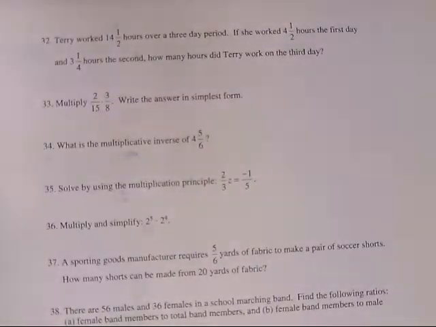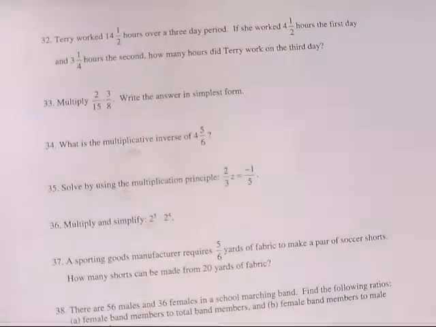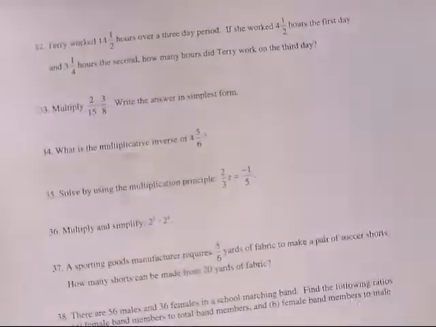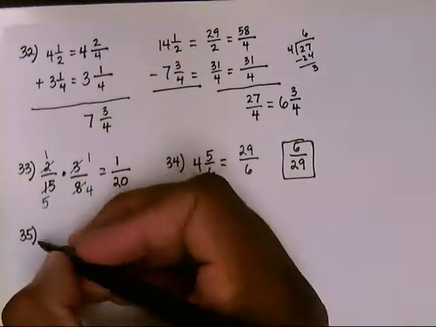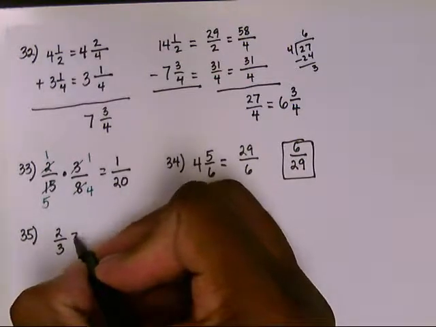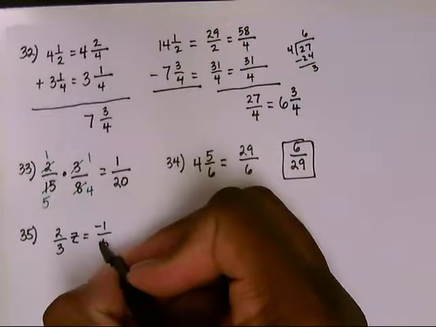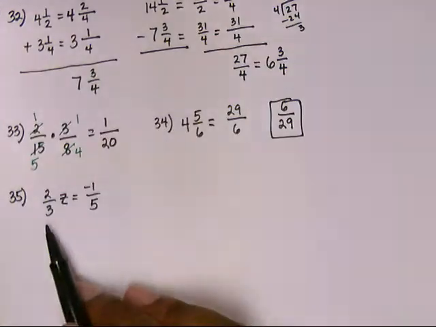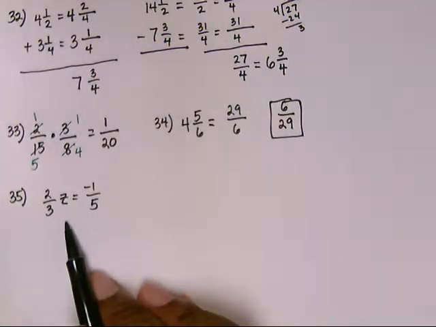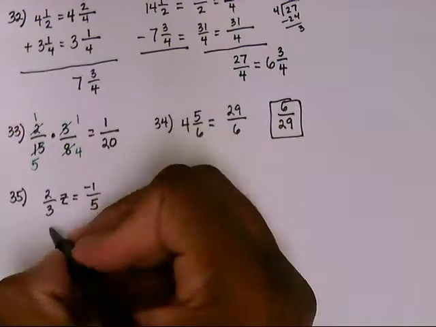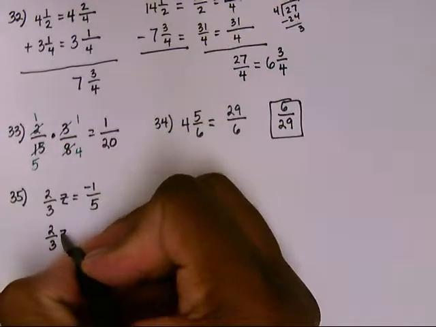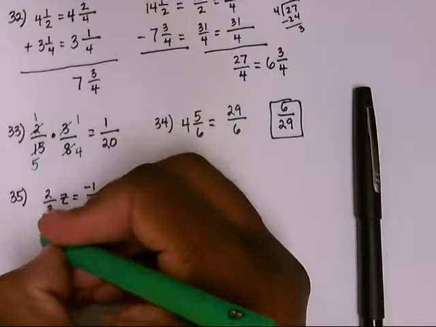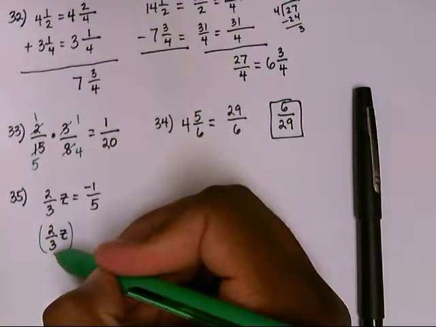Number 35. Solve by using the multiplication principle. 2/3 z is equal to negative 1 over 5. Alright, normally you would divide both sides by 2/3. Here we're dealing with fractions, so it would be much easier to multiply both sides by the reciprocal of 2/3 in order to get z by itself.